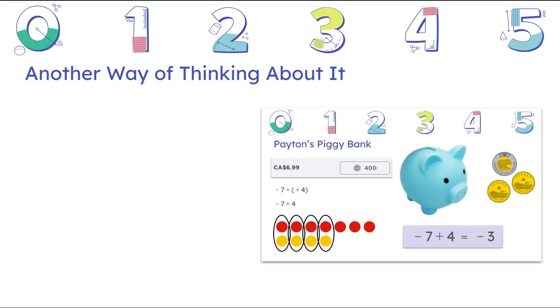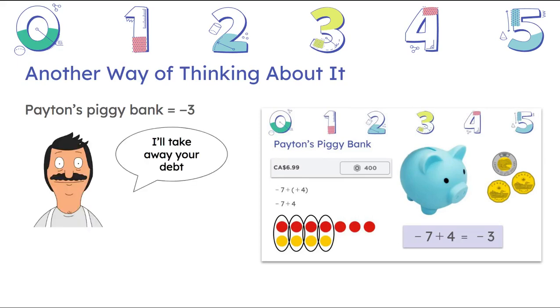If we represented Peyton's piggy bank as an integer after she took the loan from her brother, it could be represented by the integer -3, because she owes her brother $3. So she has a balance of -3. Now, let's say Peyton's dad feels bad for her and wants to take away her debt. To take away or subtract Peyton's debt, her dad gives her or adds to her piggy bank $3.